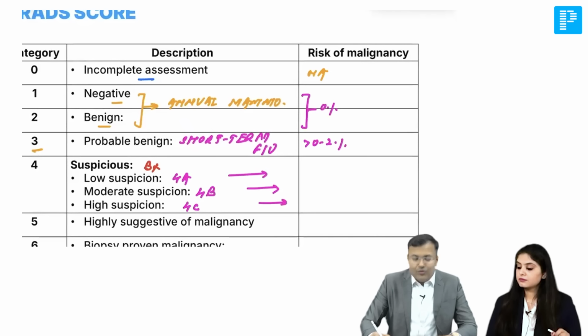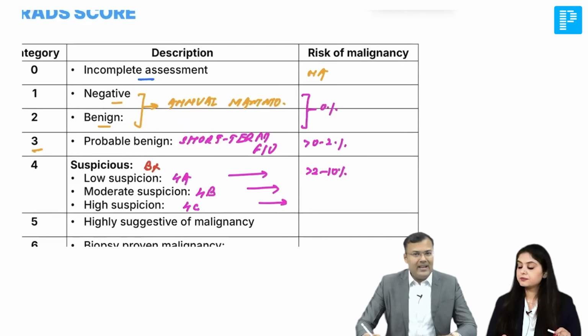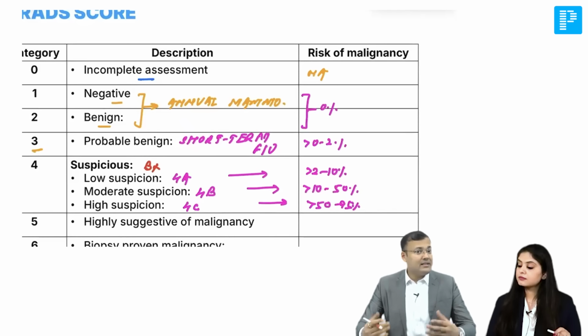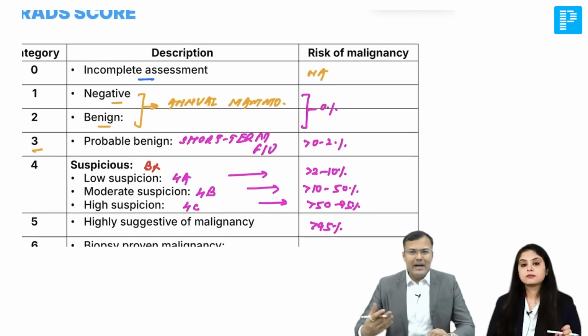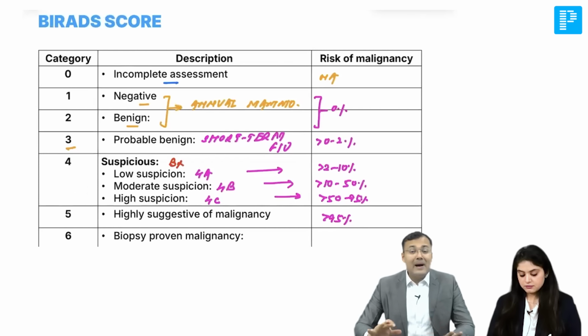In 4A, it is more than 2 to 10%. In 4B, it is 10 to 50%, and in 4C it is more than 50 to 95%. If it is category 5, it is more than 95%, and category 6 you already know, it is biopsy proven malignancy. We are expecting one question out of this BIRADS score.